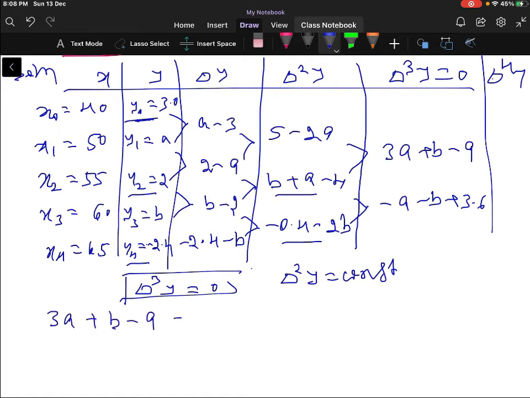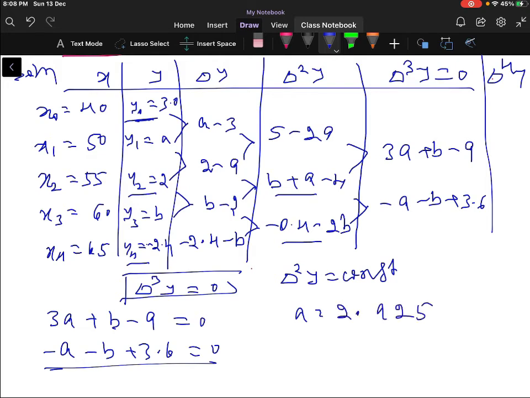So the third forward differences are here: 3a plus b minus 9 is equal to 0, and the second one is minus a minus b plus 3.6 is equal to 0. There are two unknowns and two equations. Let us solve these two equations. We'll get a is equal to 2.925 and b is equal to 0.225.